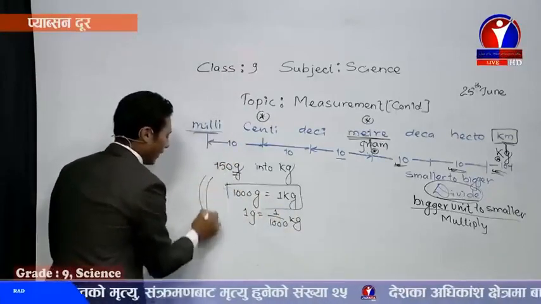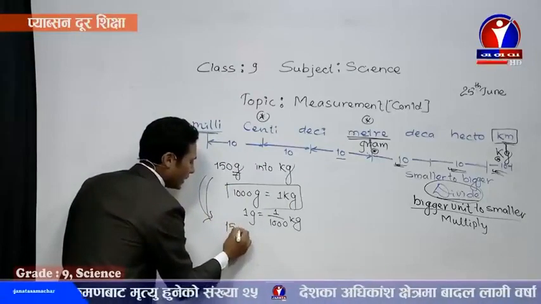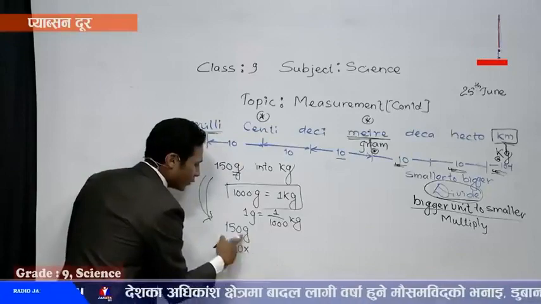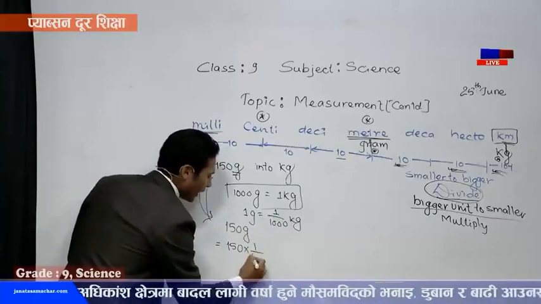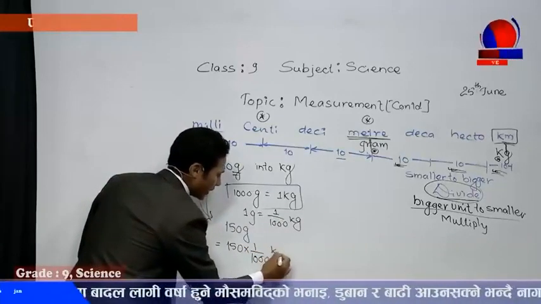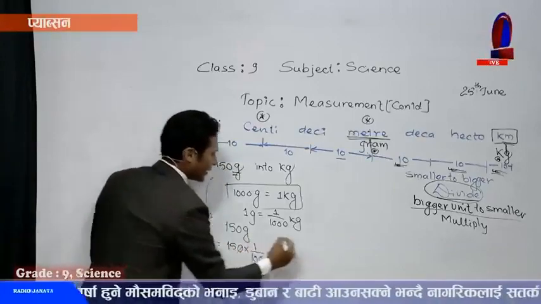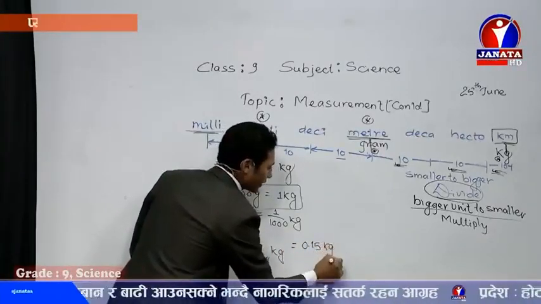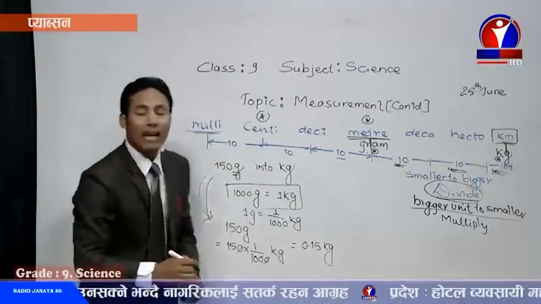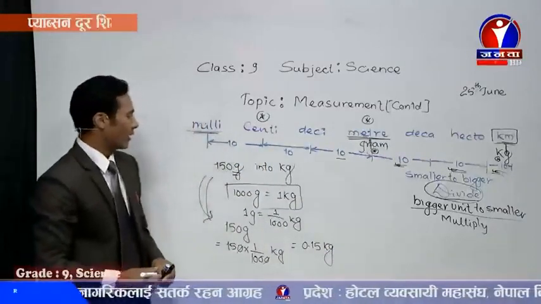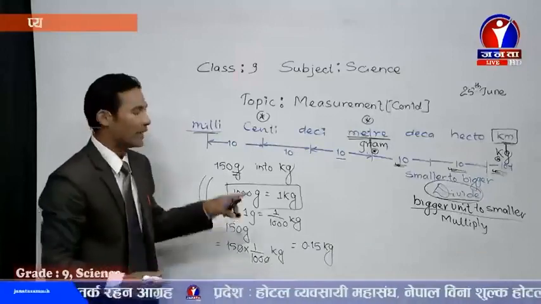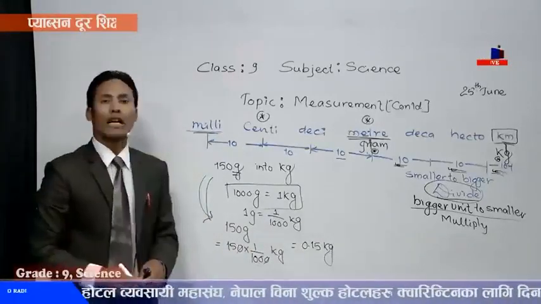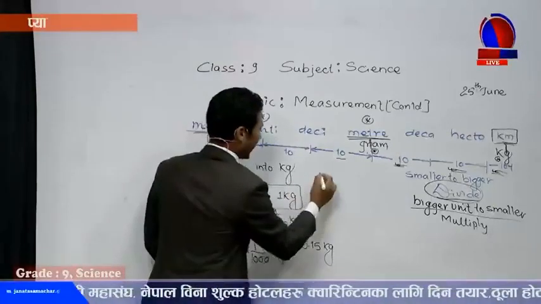So 150 gram equals 150 into 1 by 1000 kg. If you divide this, that will be 0.15 kg. That means 150 gram is equivalent to 0.15 kg. So in this way, we can convert. Similarly, if you want to convert, let's say 7 kg, right?